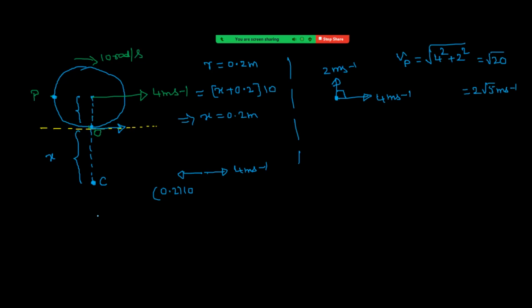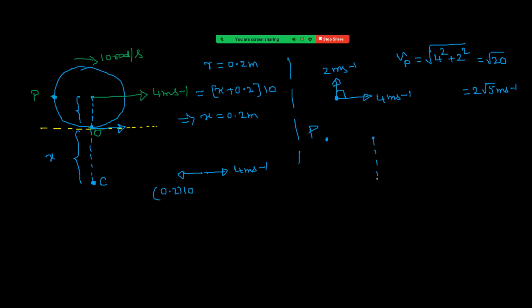And just now we got the location of instantaneous axis of rotation, that is C. Distance equal to 0.2. Now focus on the distance of point P from C. See carefully. This is point P. This is the center.